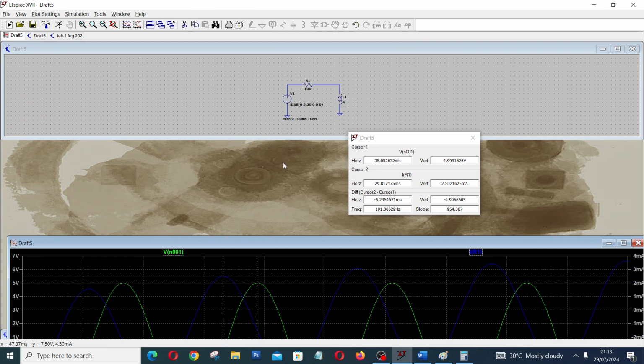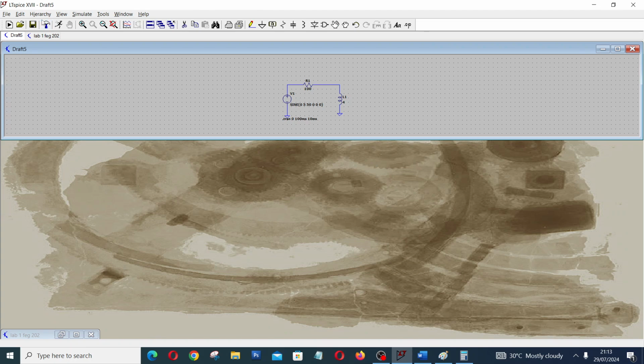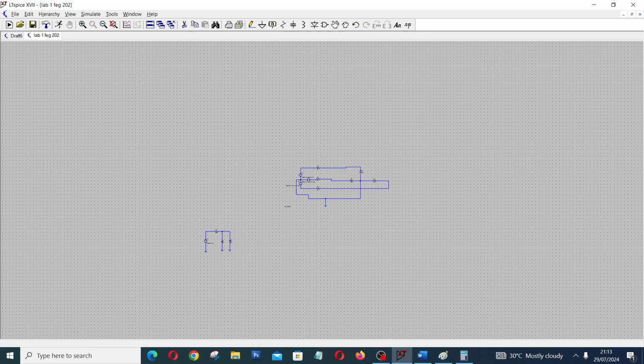Now let's introduce a capacitor in parallel. To use a capacitor to correct power factor, it must be connected in parallel to the inductor. So let's stop the simulation and connect a capacitor. Let me see the value I used in my previous analysis.